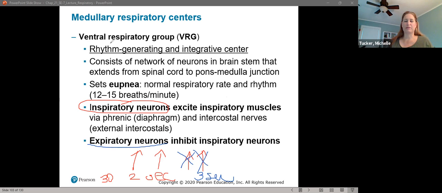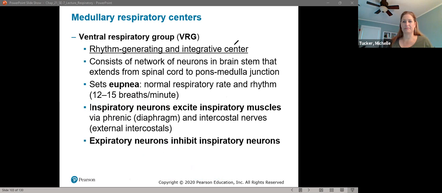So that ventral respiratory center is going to set this initial rate and rhythm. The rate is 12 to 15 breaths per minute, and the rhythm is a 2-second inspiratory phase followed by a 3-second expiratory phase.